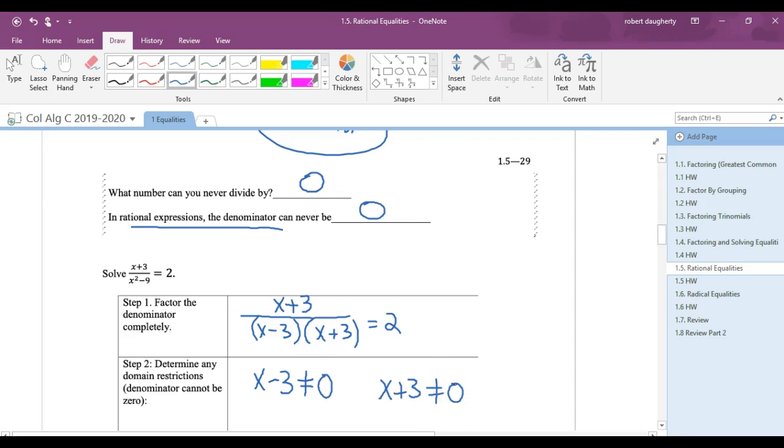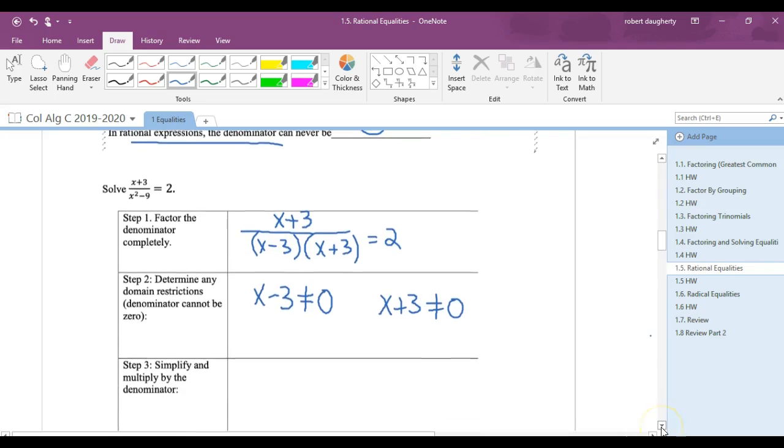Either one of those conditions would have me dividing by 0. So the first one tells me that x cannot be equal to what? This tells me x cannot be 3, and this tells me x cannot be what? Negative 3. So these are my exclusions. Before I do anything, figure out what the exclusions are.